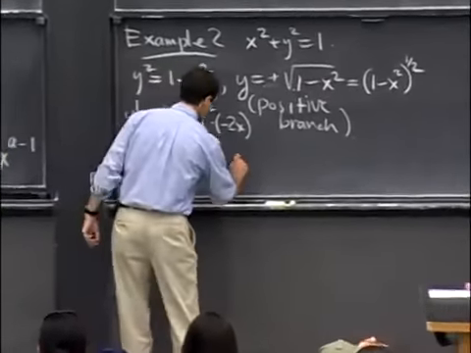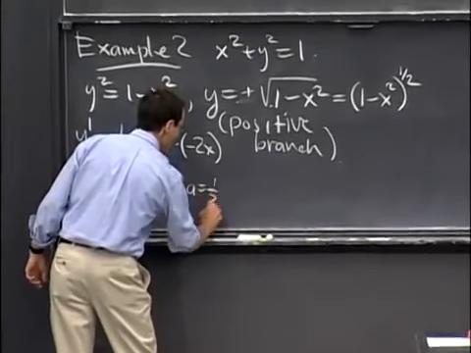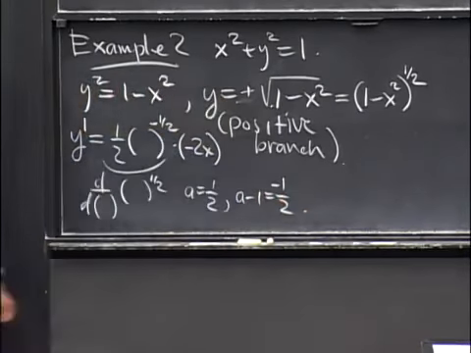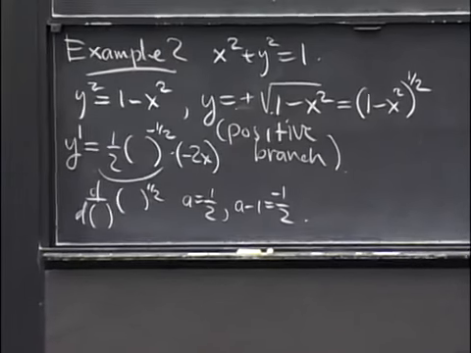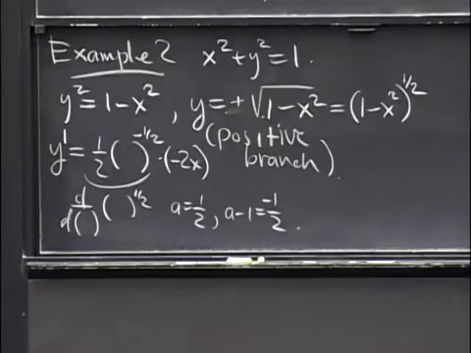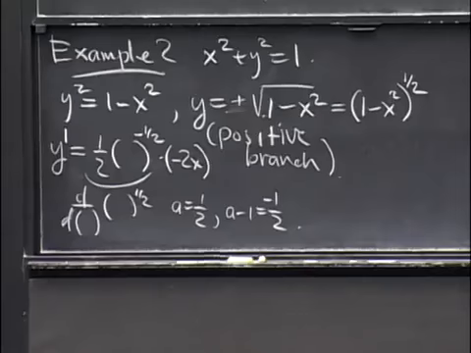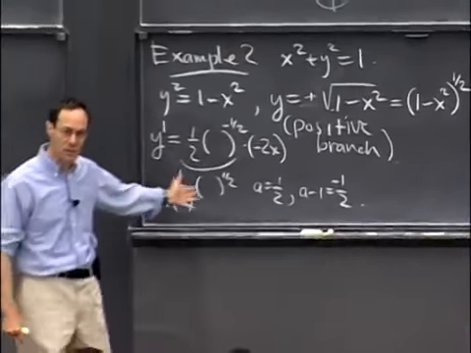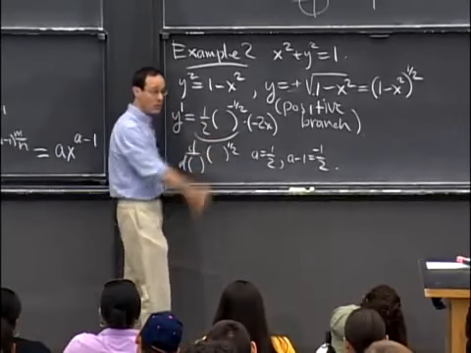So this is the case a equals 1/2, a minus 1 happens to be minus 1/2. Okay, so I'm putting all those things together, and within a week you have to be doing this very automatically. So we're going to do it at this speed now. You want to do it even faster ultimately.